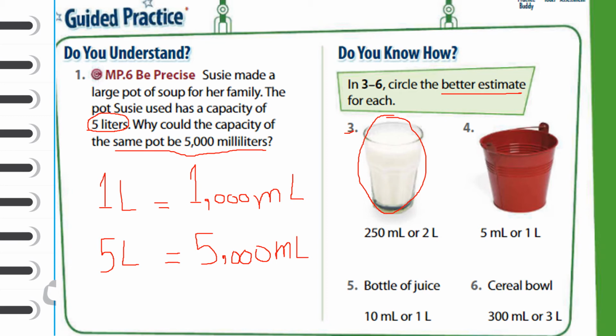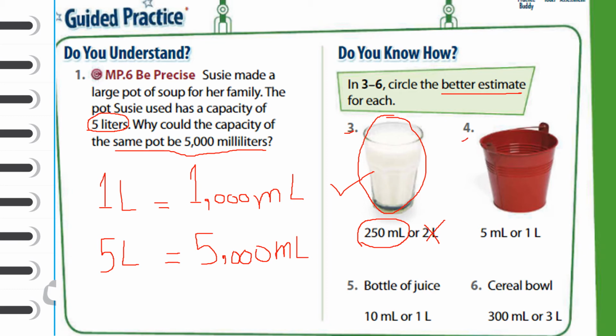Just keep in your mind the water bottle you bring to your school can hold almost 1 liter. So this glass holds more than your water bottle or less than your water bottle? Excellent. This glass holds 250 milliliters, not 2 liters. That is too much for this glass, right?